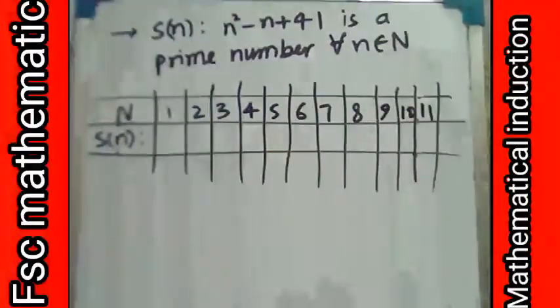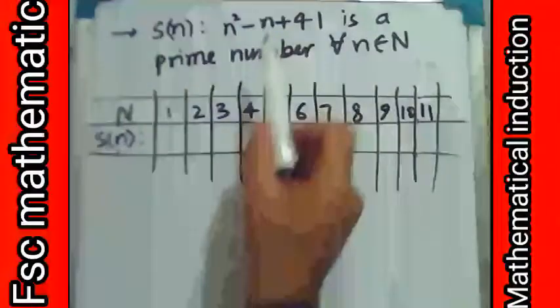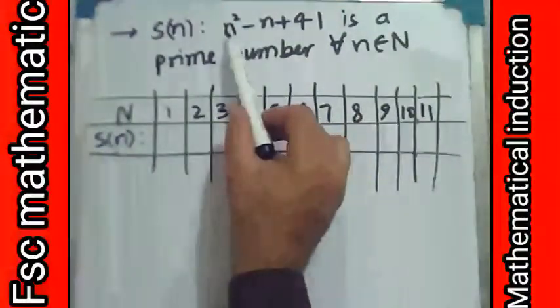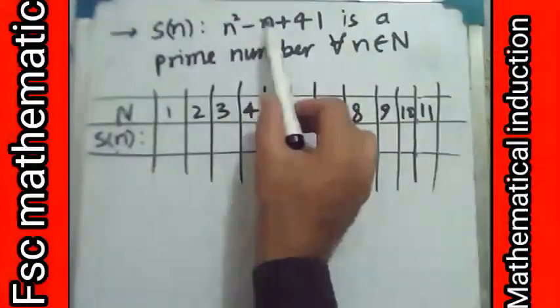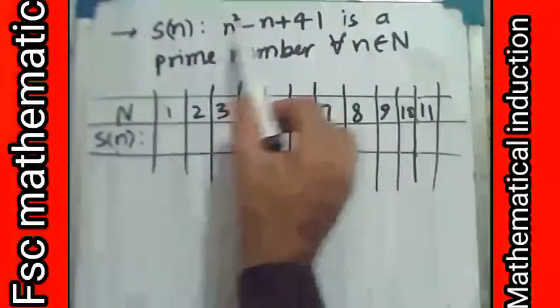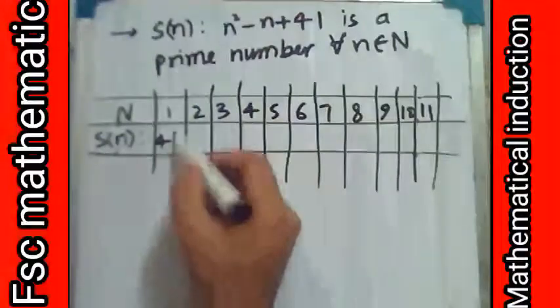What numbers do we obtain from the formula n square minus n plus 41? When 1 is substituted, the two 1s cancel with opposite signs, so the answer is 41.